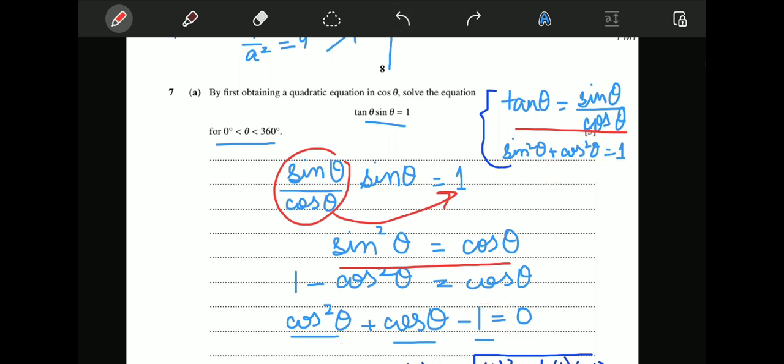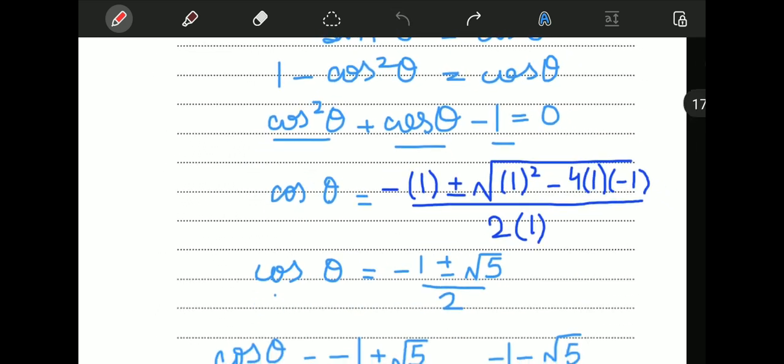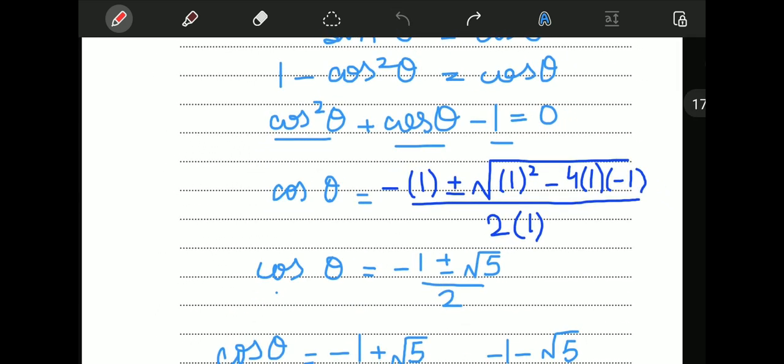There are two ways to solve this further. Either you can apply the quadratic formula directly, like I have done, or you can substitute cos theta equals x, which sounds very easy to most students, so you can do it that way. I have done it directly and found cos theta.